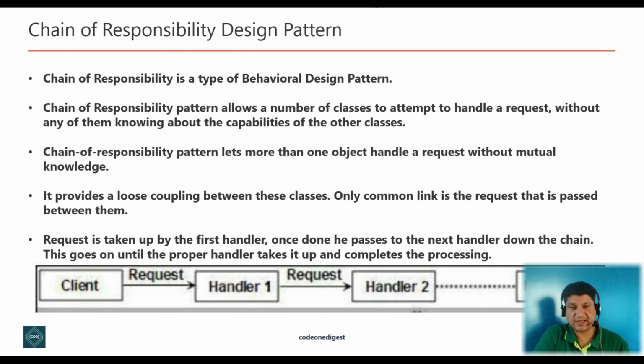So the request is taken up by the first handler and he either can handle the part of it or cannot. Once done, he passes the request to the next handler in the chain. This goes on until the proper handler takes it up and completes the processing. Upon receiving a request, each handler decides whether to process the request or to pass it to the next handler in the chain. As you can see on the screen, how it works.